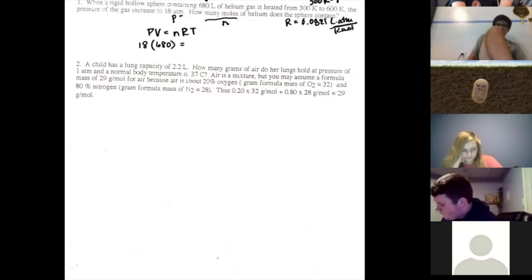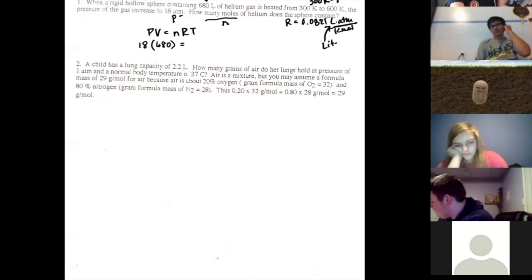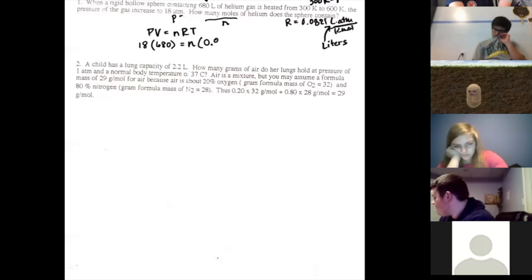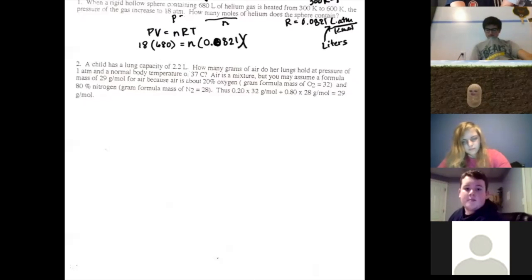Important to point out here, volume has to be in liters, because notice in the R value, we have liters. So we have to make sure our volume is in liters. n, we're looking for. The R value, 0.0821. And T has to be in Kelvin. It's 300 K.